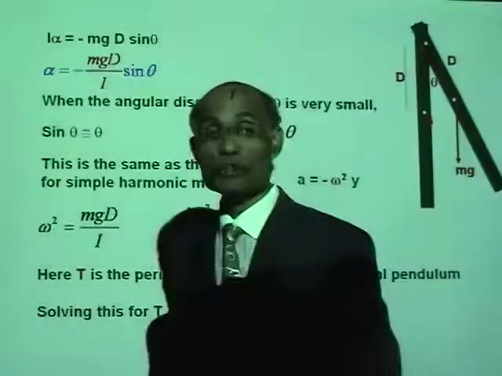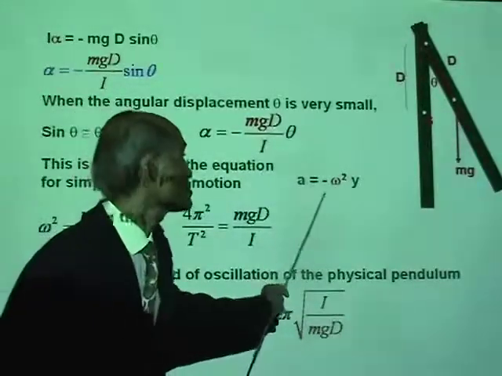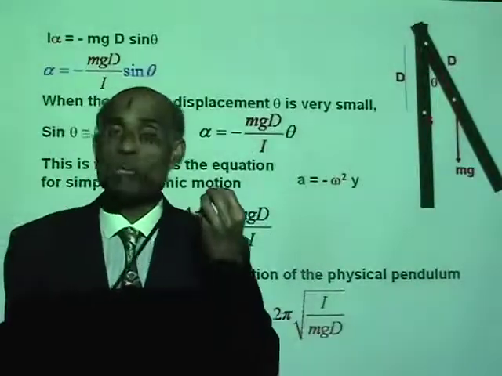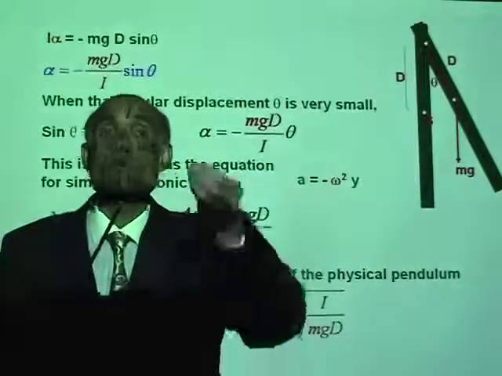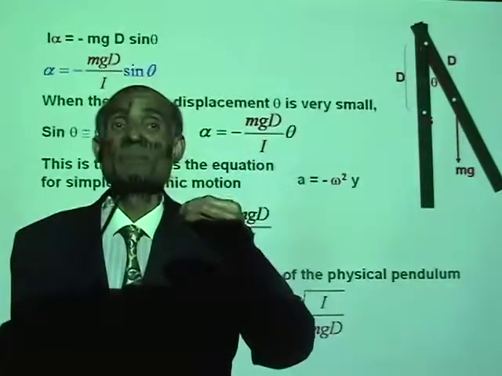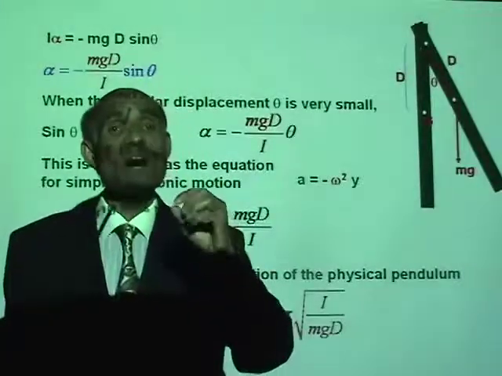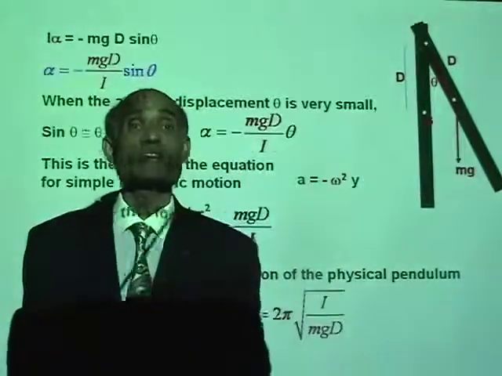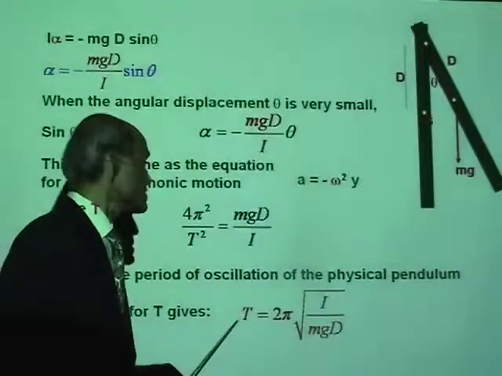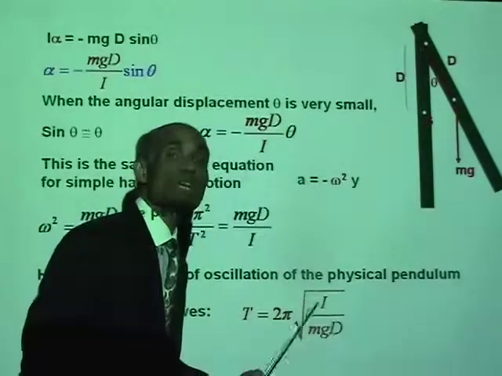Alright, we have now 3 important equations we developed. The general equation for acceleration of a simple harmonic motion, the equation for the period of oscillation of a loaded spring, T equal to 2 pi square root of m over k, the period of oscillation of a simple pendulum, T equal to 2 pi square root of L over g, and now the period of oscillation of a physical pendulum, T equal to 2 pi square root of I over mgd.